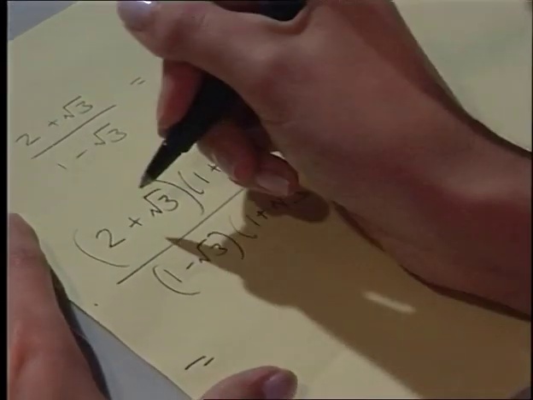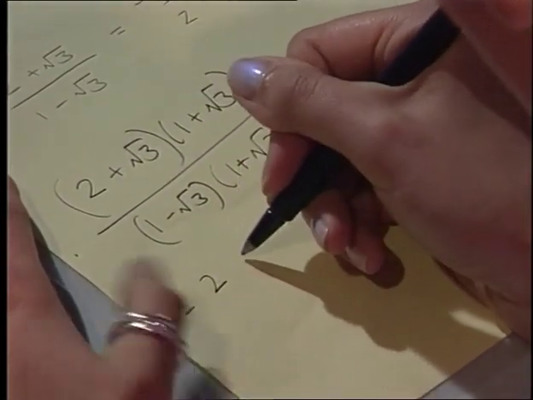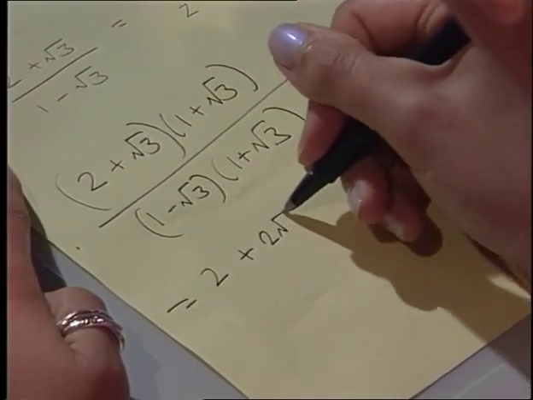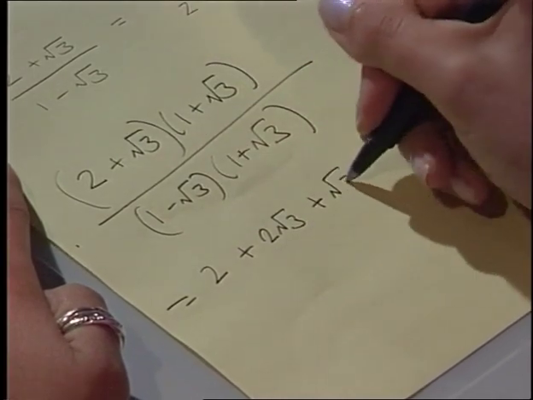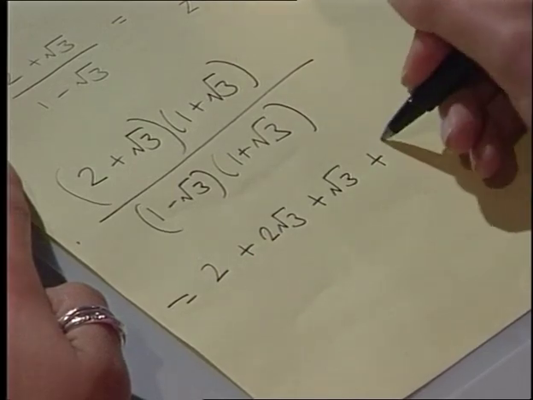And multiplying out these top brackets, that gives me 2 times 1 is 2, plus 2 times root 3 is 2 root 3, plus root 3 times 1 is root 3, plus root 3 times root 3 is 3.